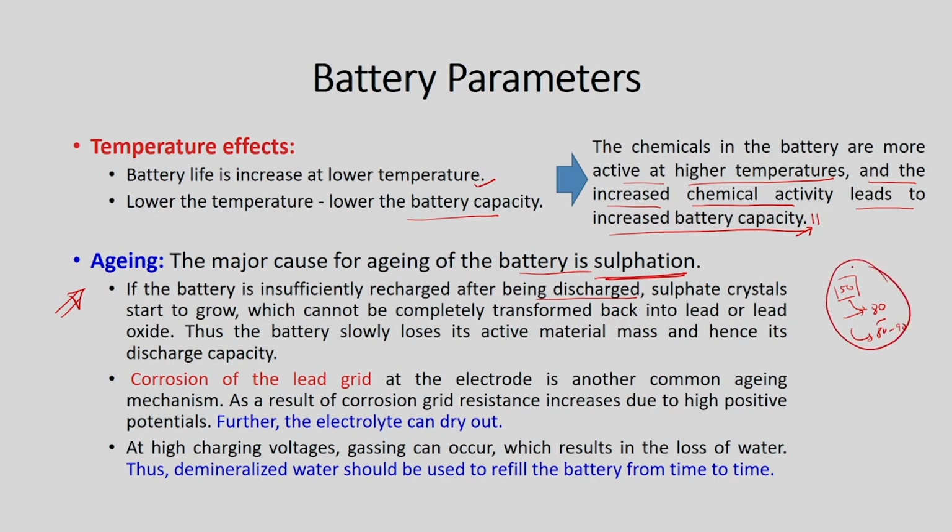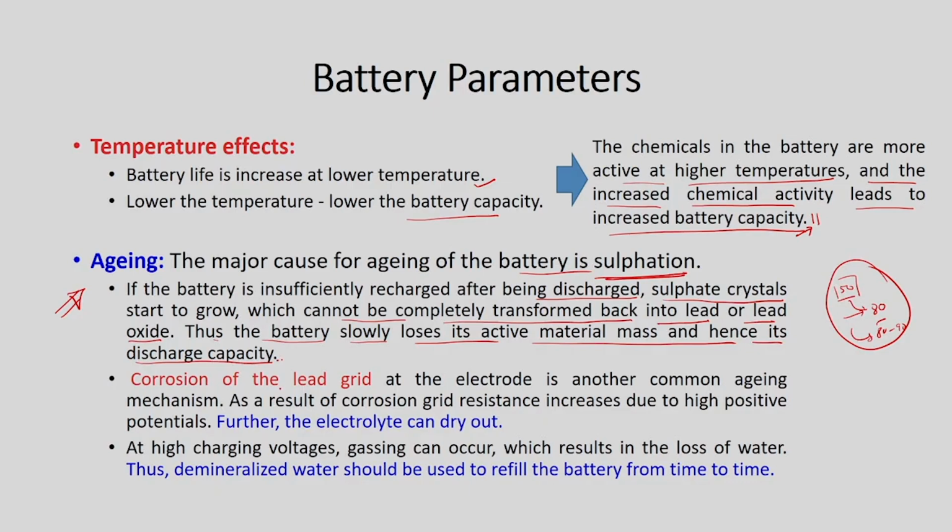If we do it that way, we are reducing the efficiency because of sulfate crystal generation. Sulfate crystals start to grow, which cannot be completely transformed back into lead or lead oxide. Thus the battery slowly loses its active material mass and hence its discharge capacity.